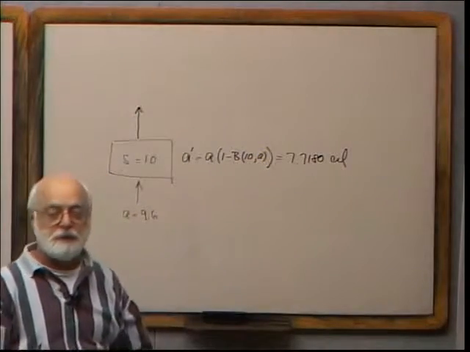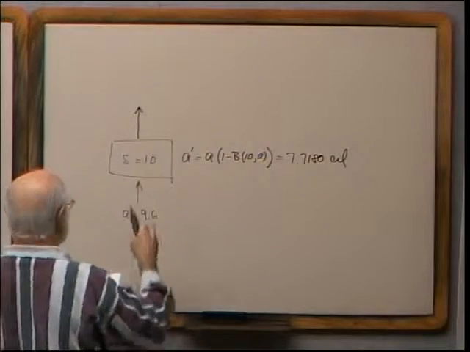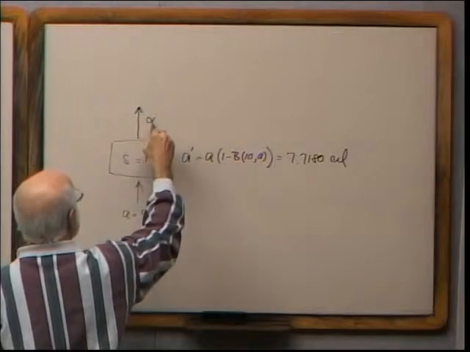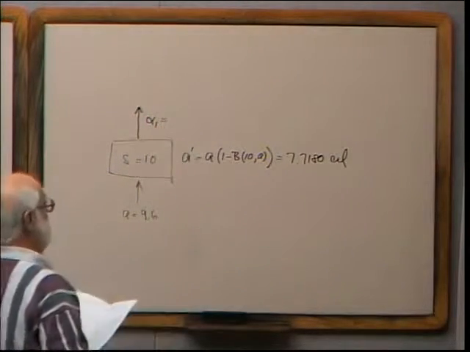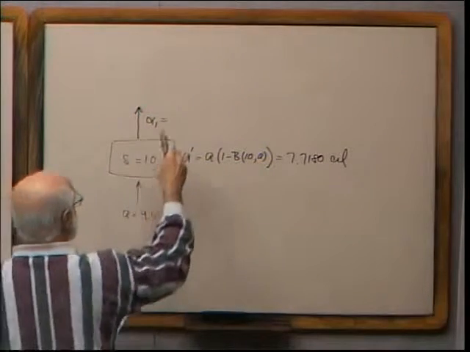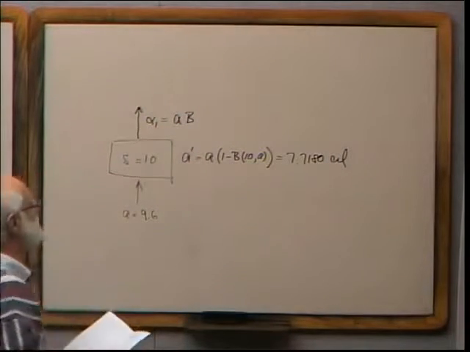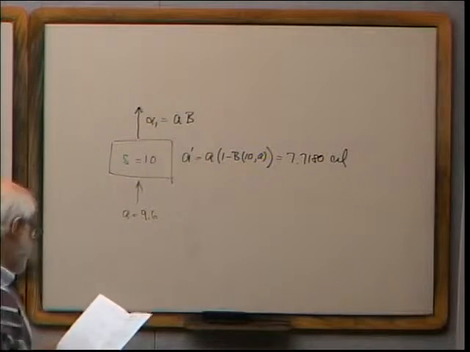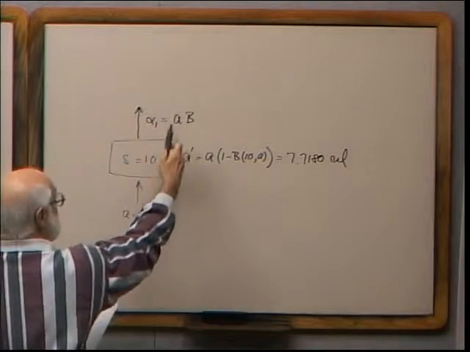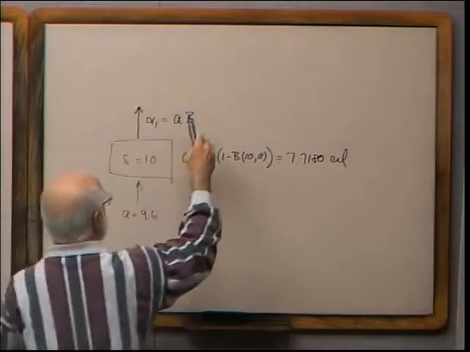Now, we have an overflow load here, which I'm going to call alpha 1. And the overflow load, that's the lost load, is equal to the original offered load times the fraction of the original load that overflows the primary group of servers. So that's A times B of 10A.